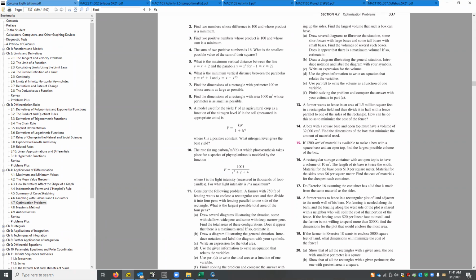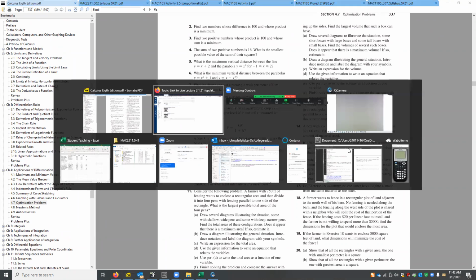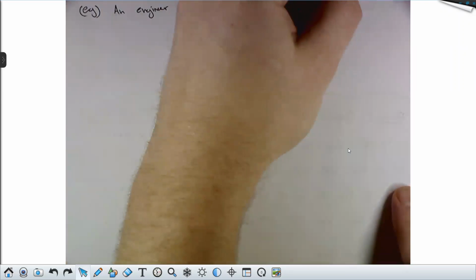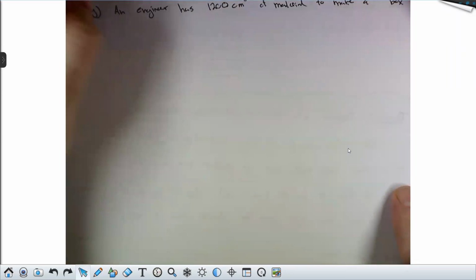So they want us to begin with 1200 cm squared of material to make a box. The base is going to be square and the top is going to be open. We want to maximize the volume. So an engineer has 1200 square centimeters of material to make a box with an open top and a square base.